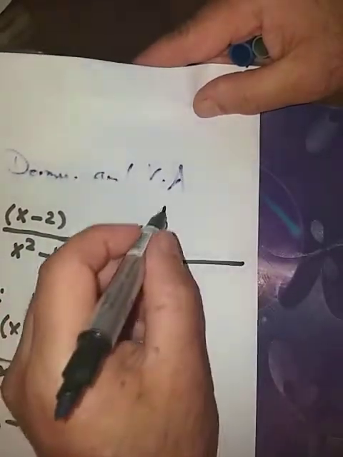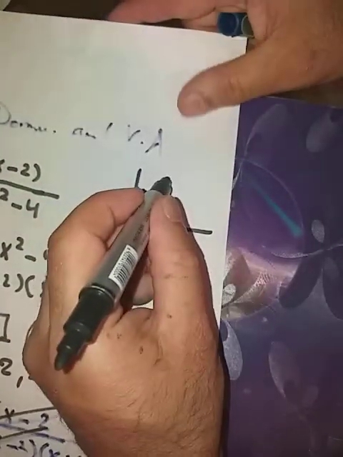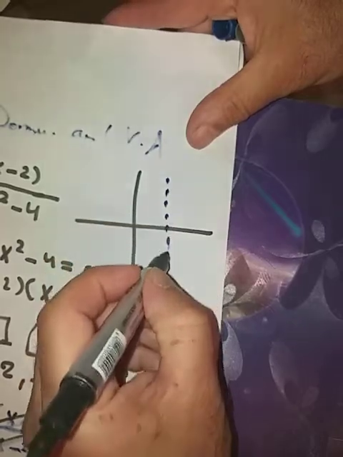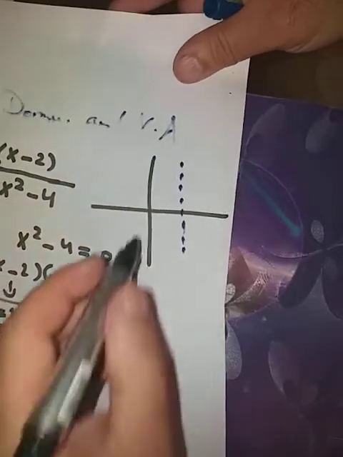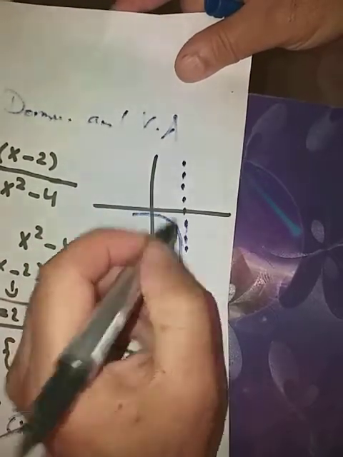What's the graph of a vertical asymptote? This is the graph of a vertical asymptote. We have a function, this is the vertical asymptote, and the graph will be like this one.